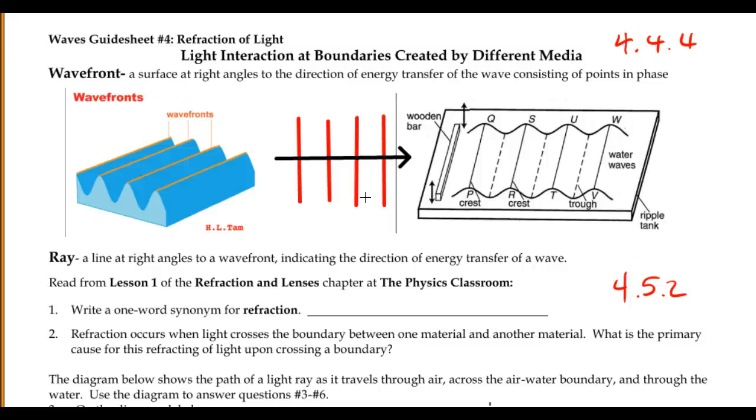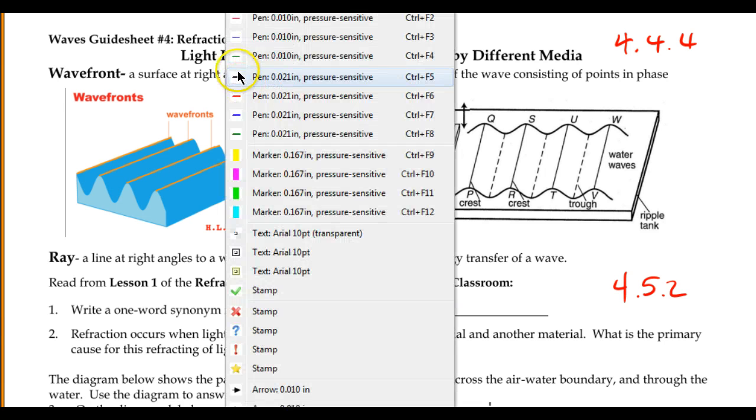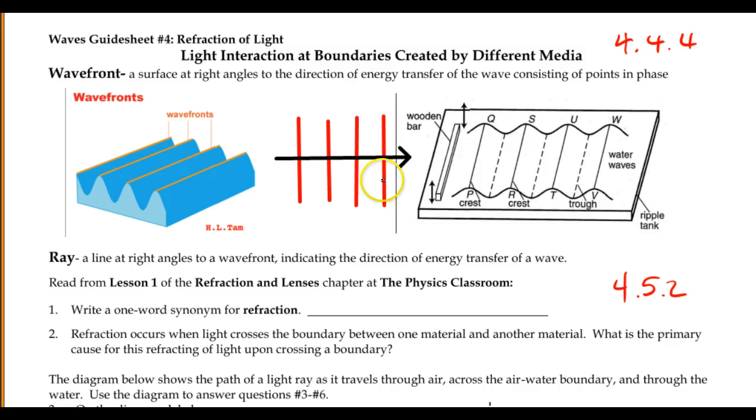Usually it's used with light, but it could be used with any wave. It's called a ray. It allows us to more easily measure angles and other things. So the black picture here, that's a light ray. And the ones in red are wave fronts. So wave fronts, one after another, and light ray.